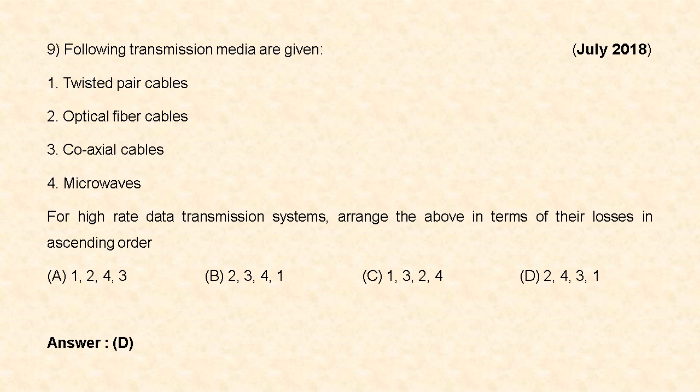We know that optical fiber cables have lowest losses, and then microwaves, that is microstrip transmission media, then coaxial cables, and twisted pair cables, that is nothing but open wire cables which are twisted, have more losses. Hence option D is correct.